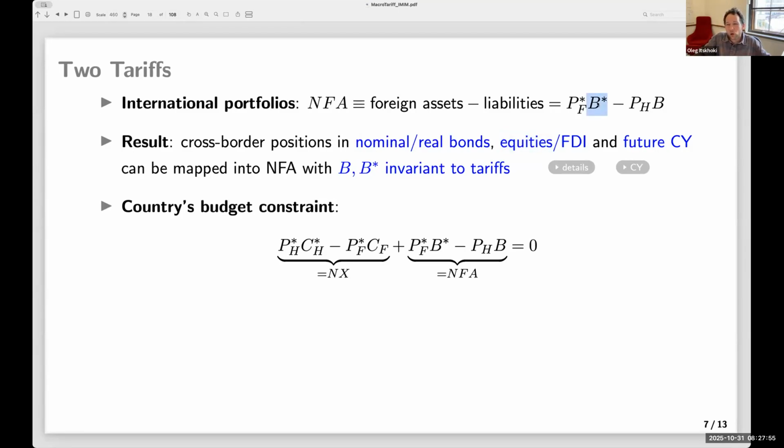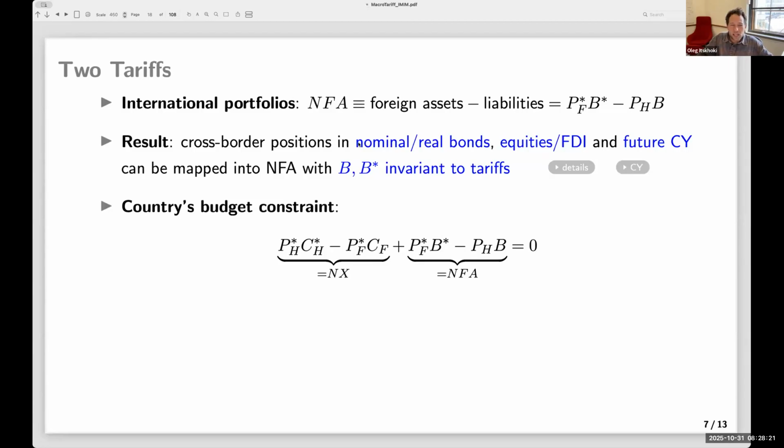These are not exactly assets of the country. These are really net assets. Like imagine that you have dollar bonds, and the dollar bonds can be both assets and liabilities. And so both dollar bonds will map into this, and you need to do the netting, right? So if you both borrow in dollars and invest into dollar fixed income, that should be netted out in here, right? But the result is that you can write it like this.